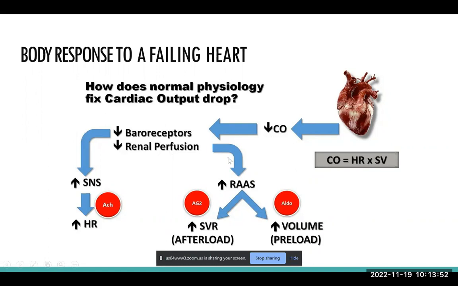Decreasing renal perfusion will activate the RAS system, which also results in angiotensin II activation. This will lead to an increase in the preload and afterload, and in the preload through the aldosterone system. So the RAS system and the sympathetic nervous system.